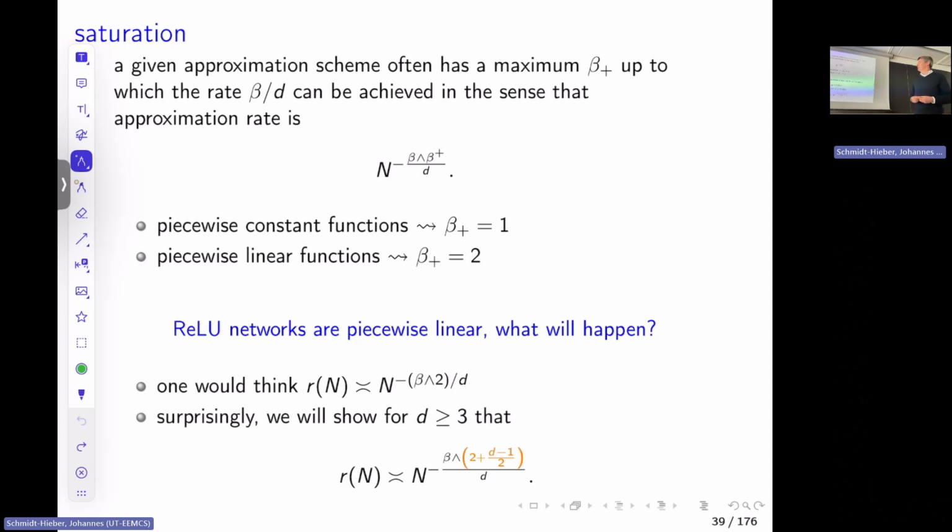They are smoother than the activation functions themselves, because you integrate. And in the case of ReLU, that gives you this d minus 1 over 2, because you basically take d minus 1 integrals on this sphere embedded in d dimensions.